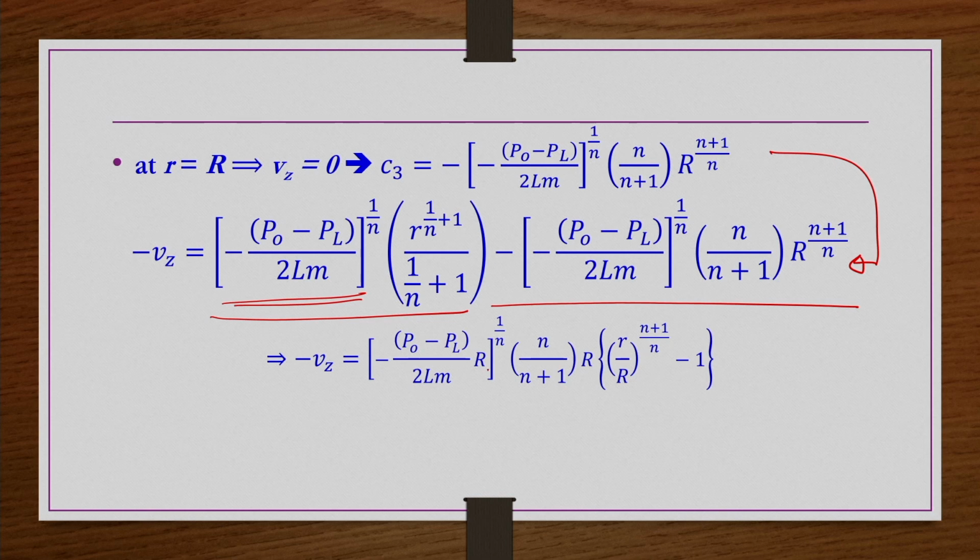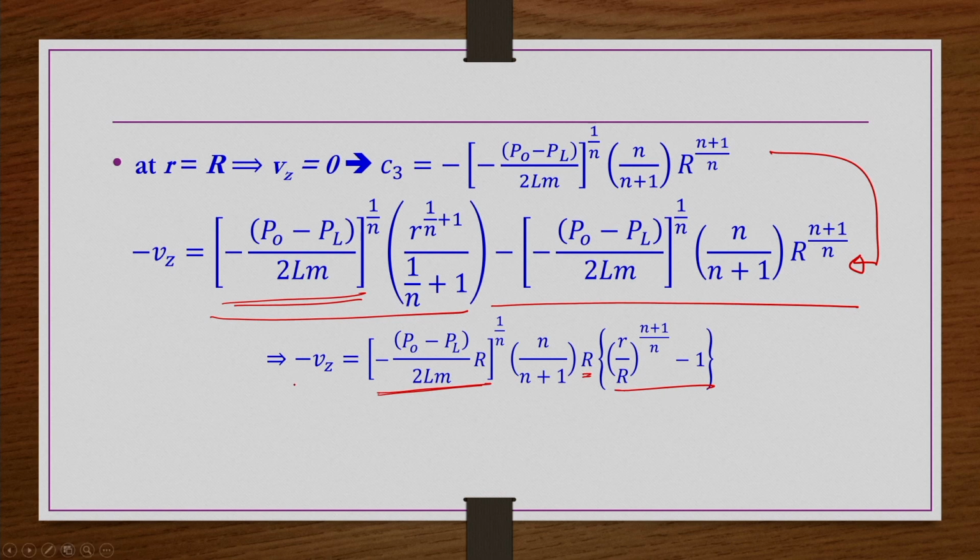Out of that, r power 1 by n we combine with this minus delta p by 2 Lm whole power 1 by n term, so that we have minus delta p by 2 Lm capital R whole power 1 by n, and the remaining r we write here.